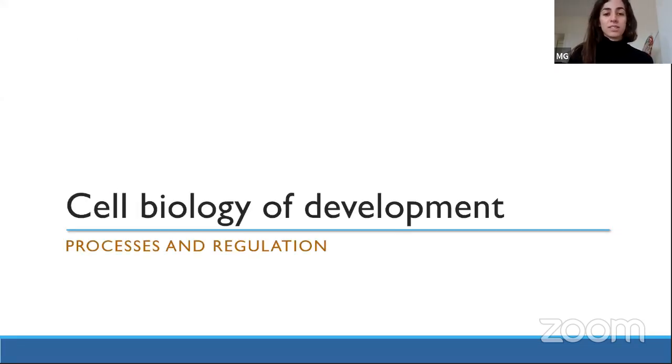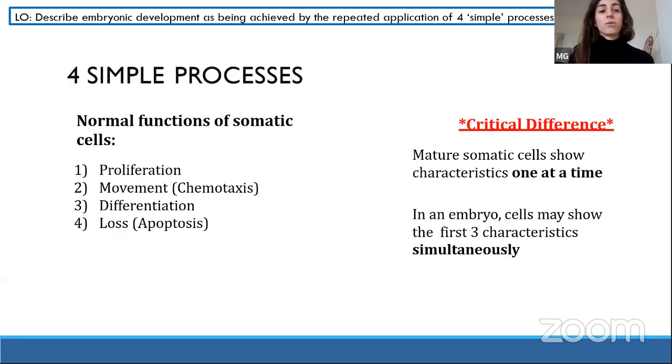So first of all, let's start with the cell biology of development. There are 4 simple processes in all cells of the body, which are proliferation, movement or chemotaxis, differentiation, which means changing from the usual cell that you were into a different cell, and loss or apoptosis.